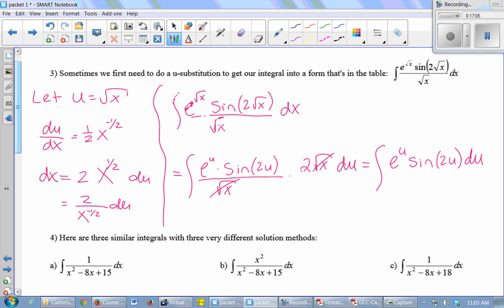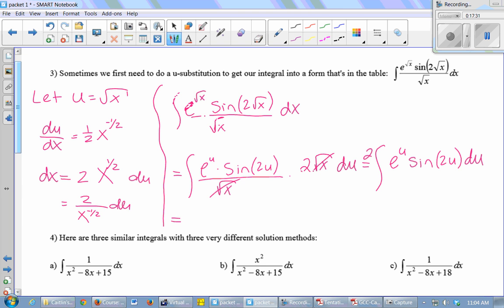And now it looks exactly like number 8. I have a 2 from that 2 there, so I pull it out of the integral. Now that it looks exactly like number 8, I can just apply the formula. In number 8, we have e to the ax sine of bx.